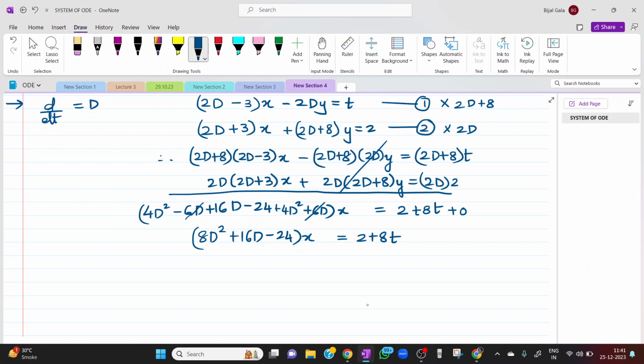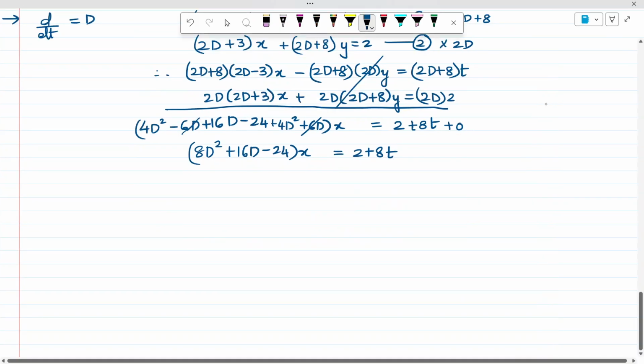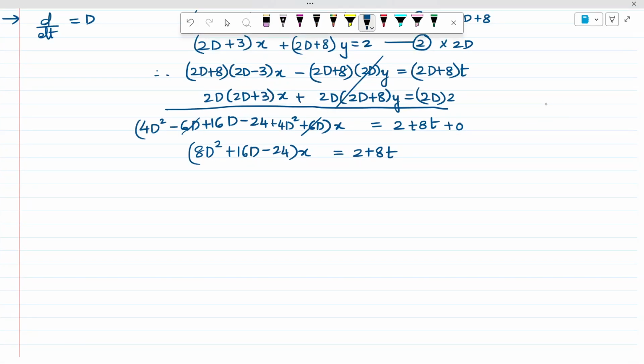Okay, now this is a non-homogeneous second order differential equation. So here again we have to find both the complementary function and the particular integral. So let's start with both. Also there's an 8 which is common in all the terms on the left hand side.